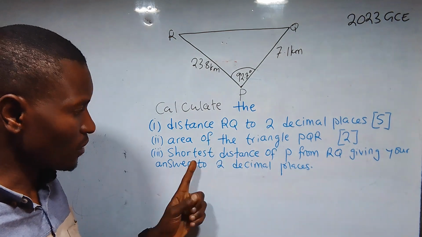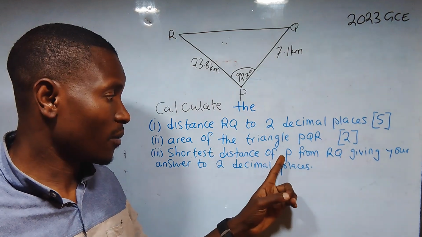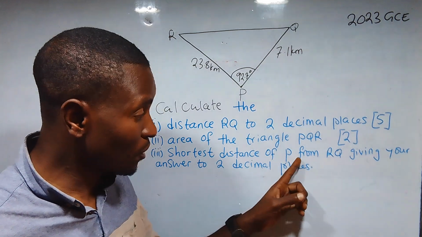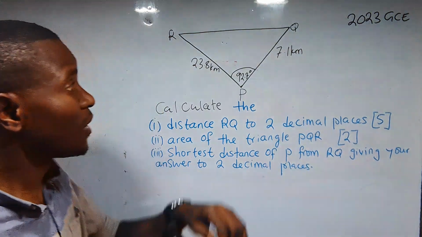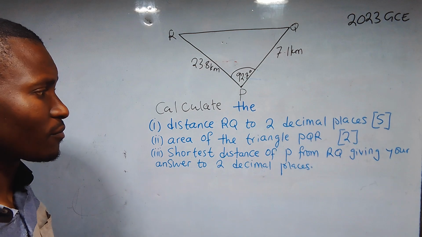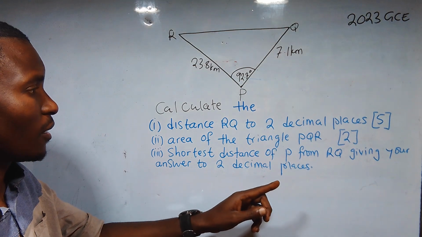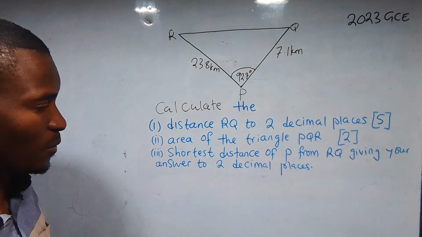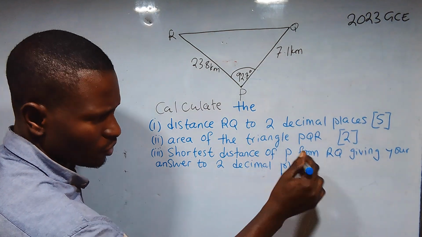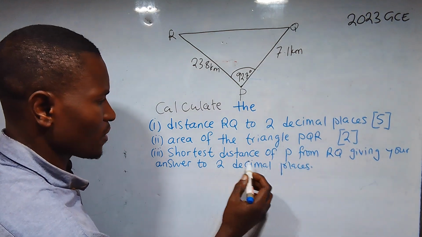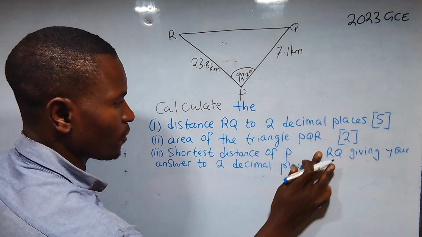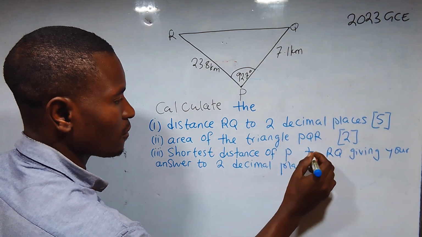Now when you read the question: calculate the shortest distance of P from RQ, giving your answer to 2 decimal places.